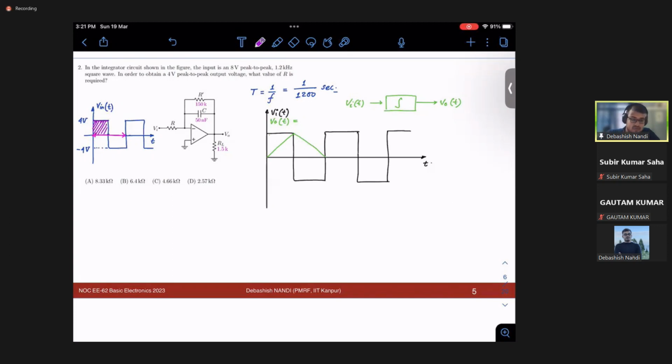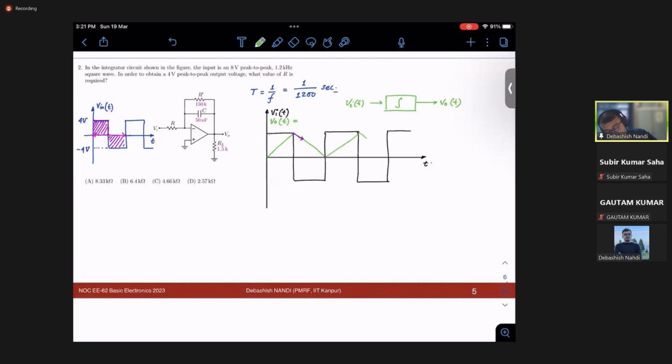So one axis is constant, on the other axis you are increasing t, so it will increase linearly, right? So at this point it has the maximum positive area, and as soon as it is crossing this point, the negative area starts to come, so the effective area will get reduced, so it is again going back with this slope, right? So again it will come back here, so your output waveform will look like this.